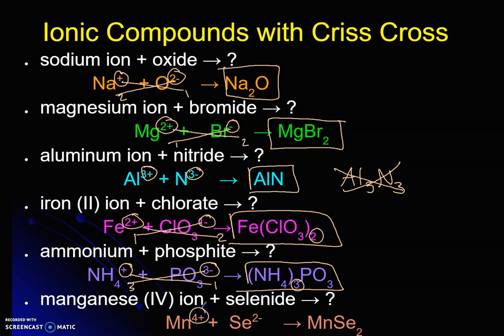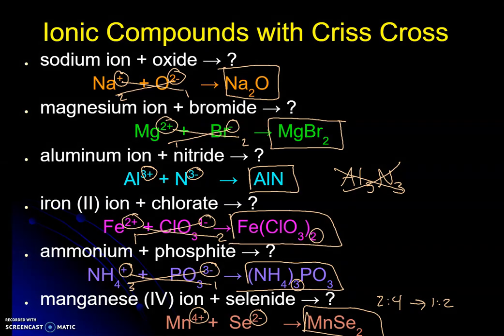And if I have a 4 plus and a 2 minus, you have to find the least common multiple between them. A 2 to 4 ratio can be reduced down to a 1 to 2 ratio, so that is MnSe2. All right, so make sure that you know your ions, you review them, and that is how we crisscross ionic bonds.